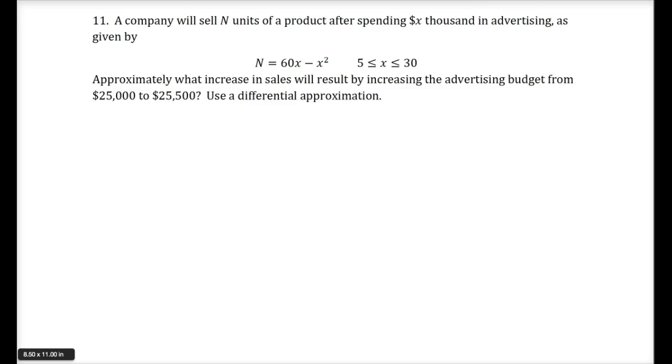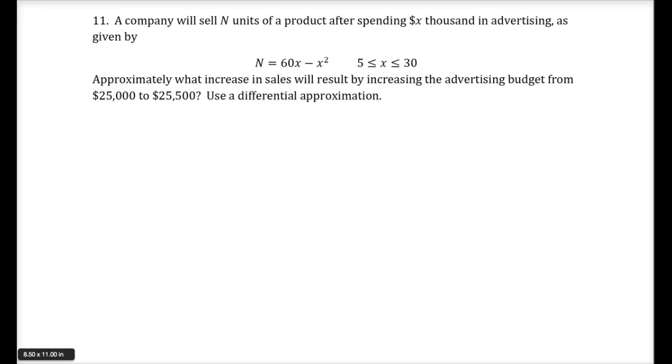We have a company and they're going to sell N units of a product after spending x thousands of dollars in advertising. They're tracking the relationship between the number of units they sell and how much they spend in dollars, and it's given by our function N. This is good as long as the amount of money you're spending is between $5,000 and $30,000.